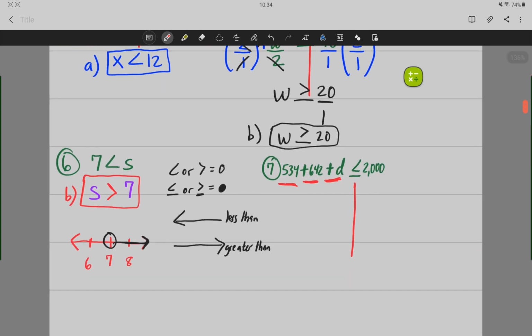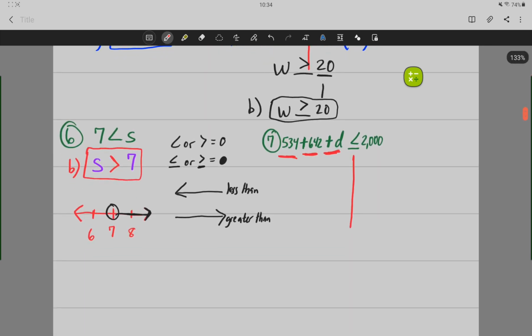So let's go down. Number 7, our two like terms are these two, the positive 534 and the positive 642.